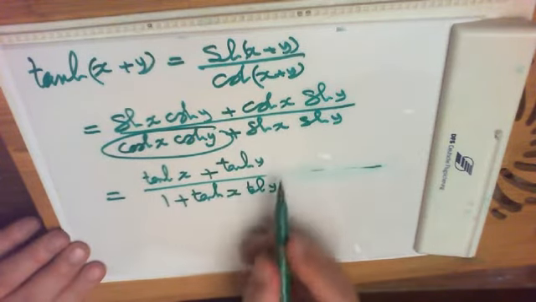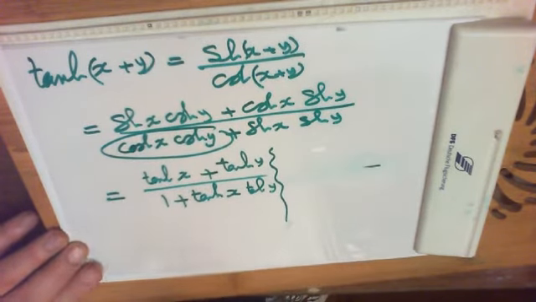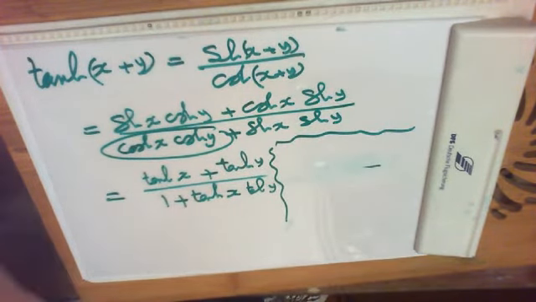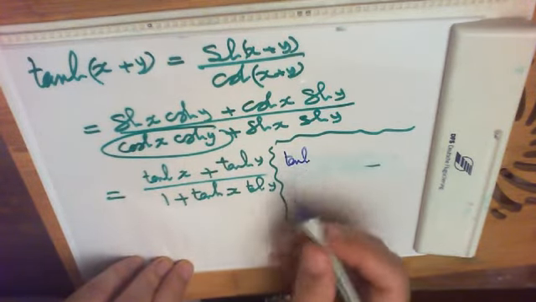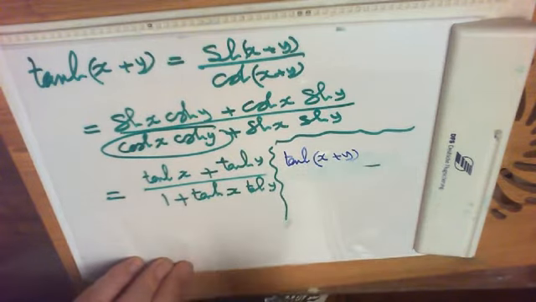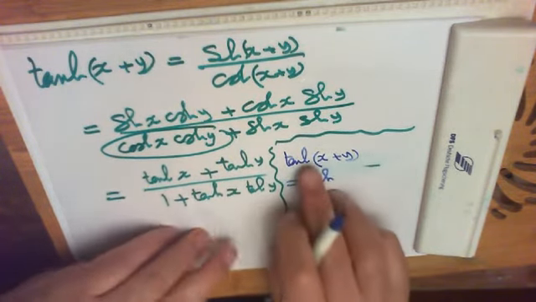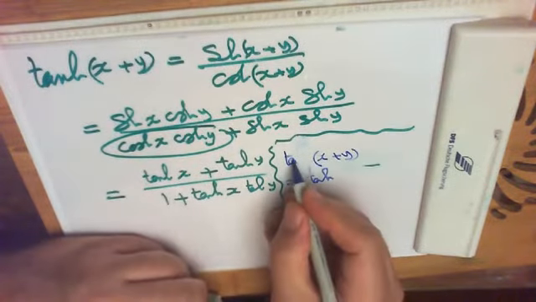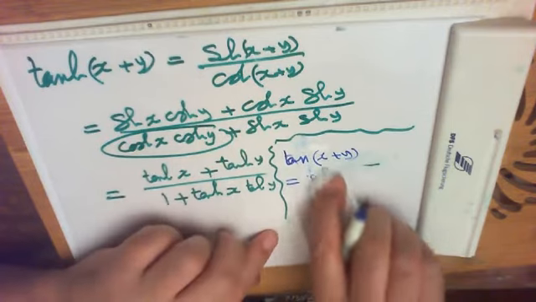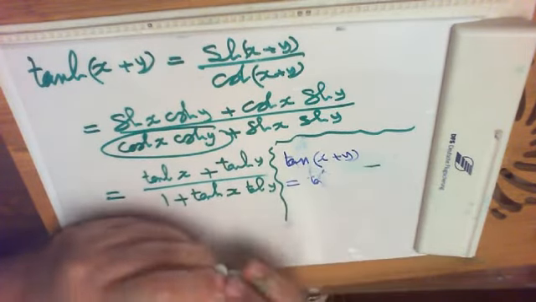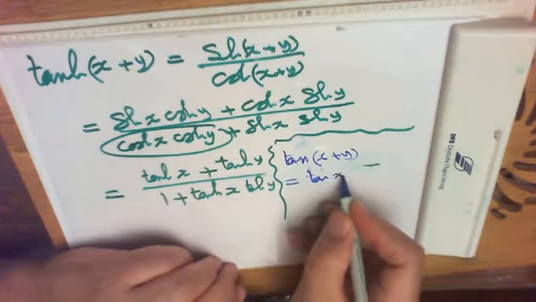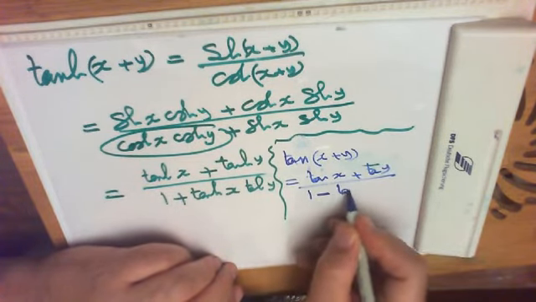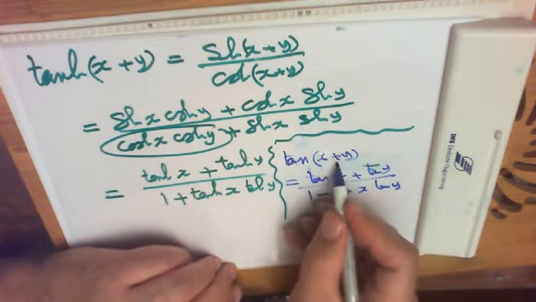This is very similar, not equal, not identical. In trigonometry, we studied before that tan(x plus y) equals tan x plus tan y divided by 1 minus tan x tan y, and if there is minus, this will be minus, this will be plus.